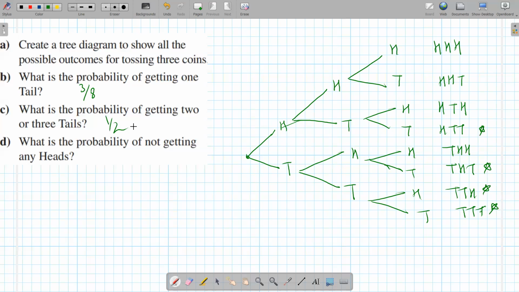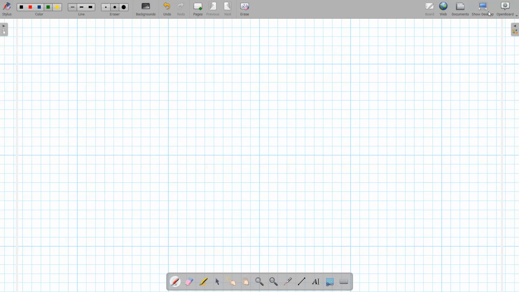What is the probability of not getting any heads? Just 1 out of 8. Good. All right, tree diagram, very useful. Using this, you can do any of these questions.